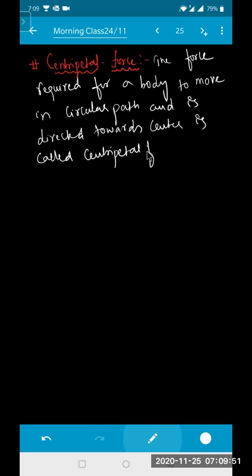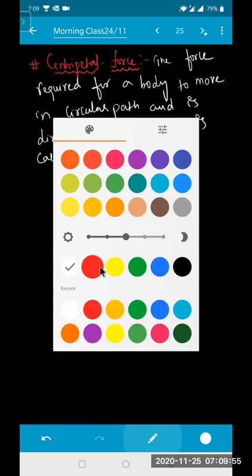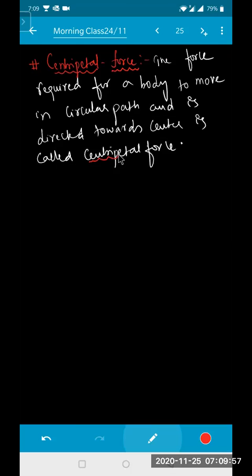Okay, so that was about centripetal force. What is the centripetal force? The force required for a body to move in a circular path, and it is always directed towards the center, is called centripetal force.